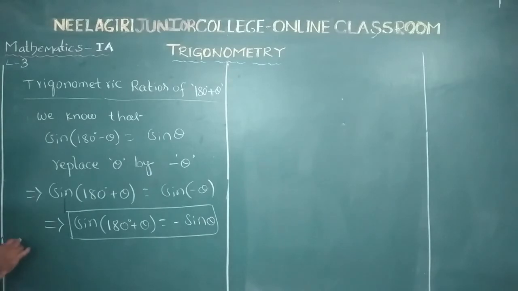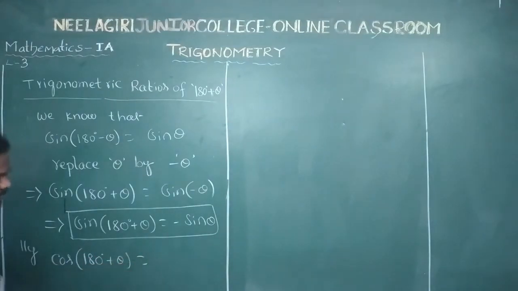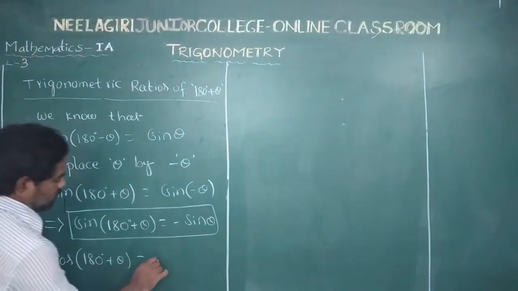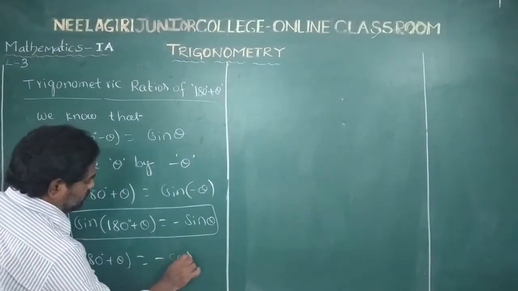Similarly, we can get cos of 180 plus theta equals minus cos theta.